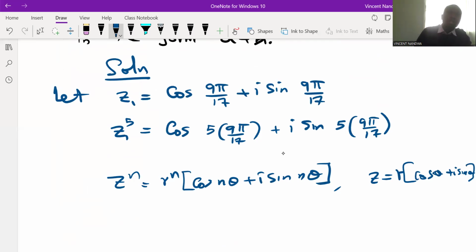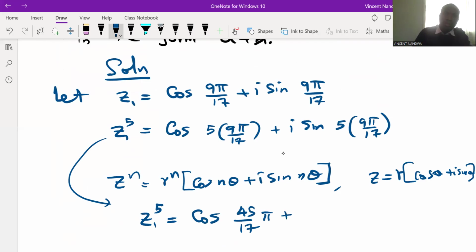So in our case, R is 1. So that's why we just have this as our expression. So this will give us Z1 power 5 equals to cos 45 over 17 pi plus I sine 45 pi over 17.